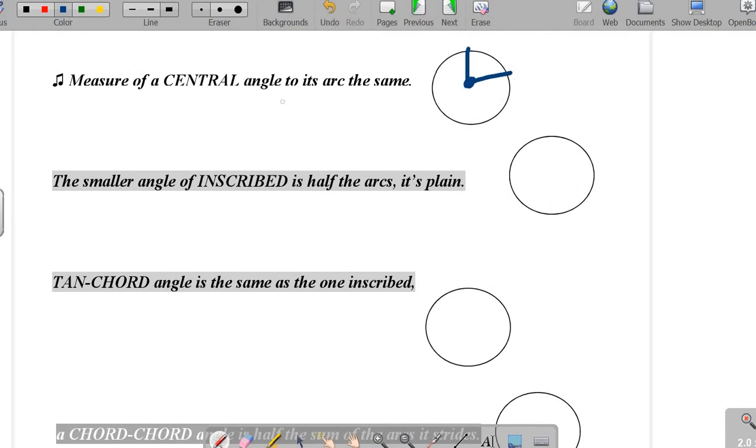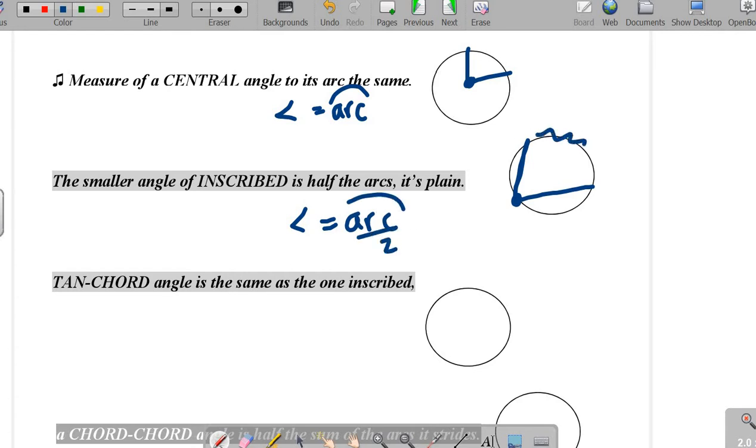Measure of a central angle to its arc, the same. The smaller angle of inscribed is half the arc it claims. A tan-chord angle is the same as the one inscribed.